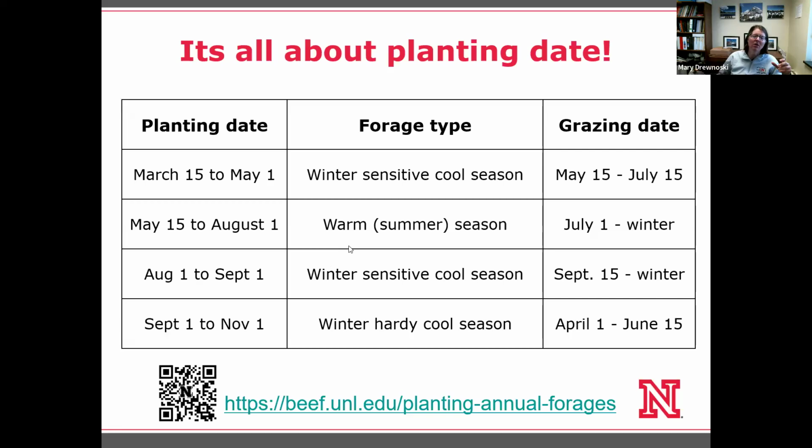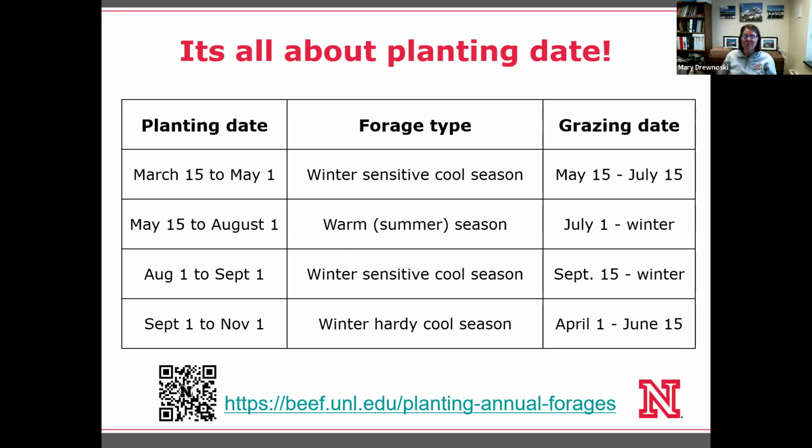And really what we saw is that depending on the year, sometimes the warm seasons really did very well even into August 15th. And it depended on, of course, the fall or that late summer period and how warm it was. And the quality when we planted late really wasn't that much worse than the cool season.